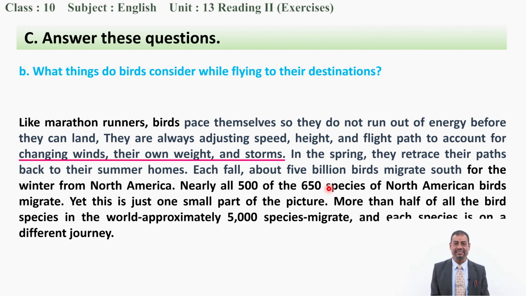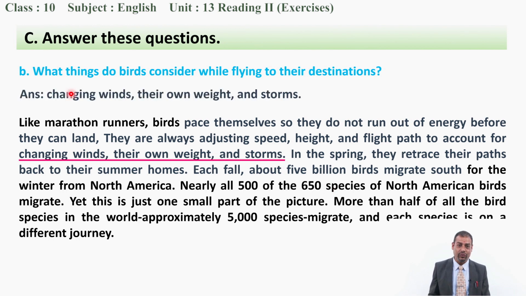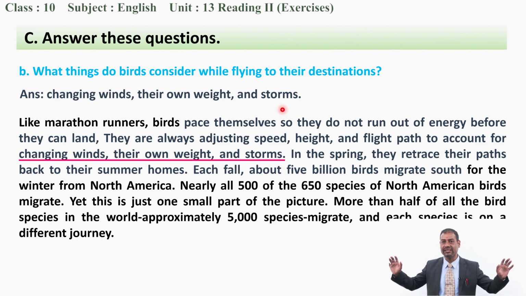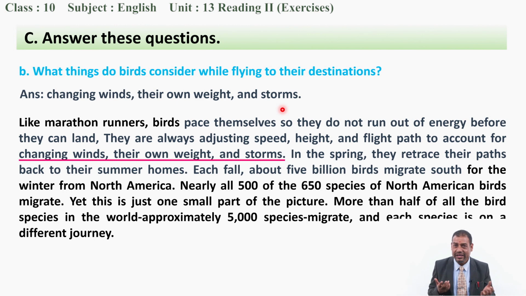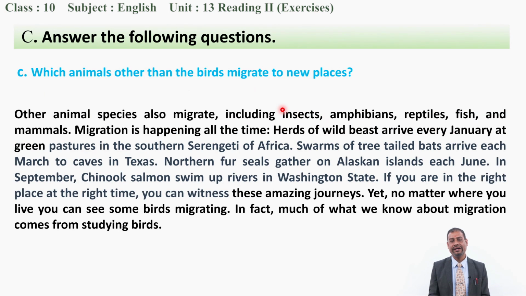See, you can find in this changing winds, their own weight and storms. So answer, what things do they consider? See, changing winds, their own weight and storms. These things they consider while flying to their destinations. Interesting. So are you getting me? How to find out the answers? Yes, good job.